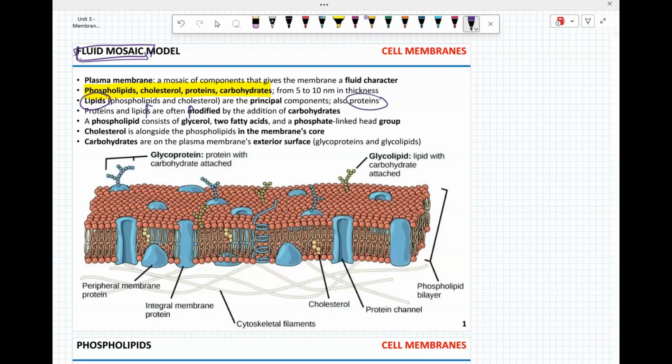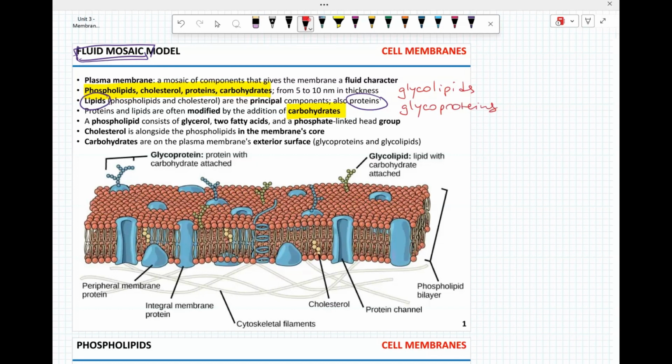Many membrane components carry modifications. Lipids and proteins are often modified by the addition of carbohydrates, which results in the formation of glycolipids and glycoproteins.